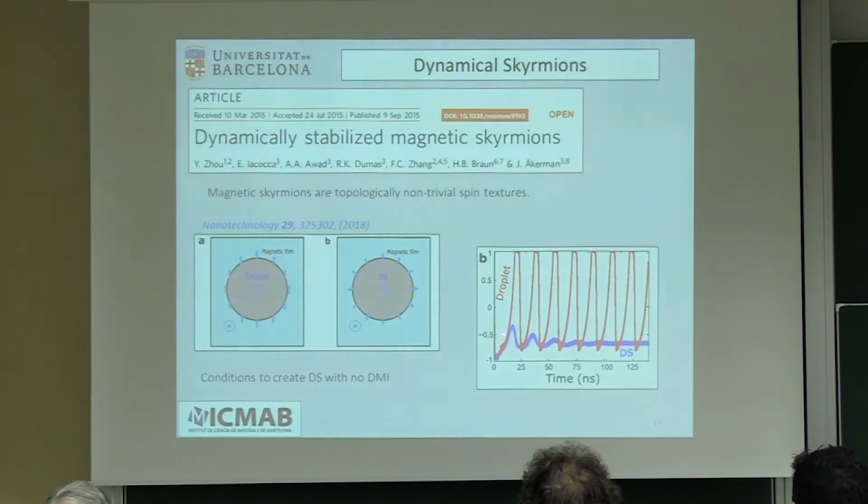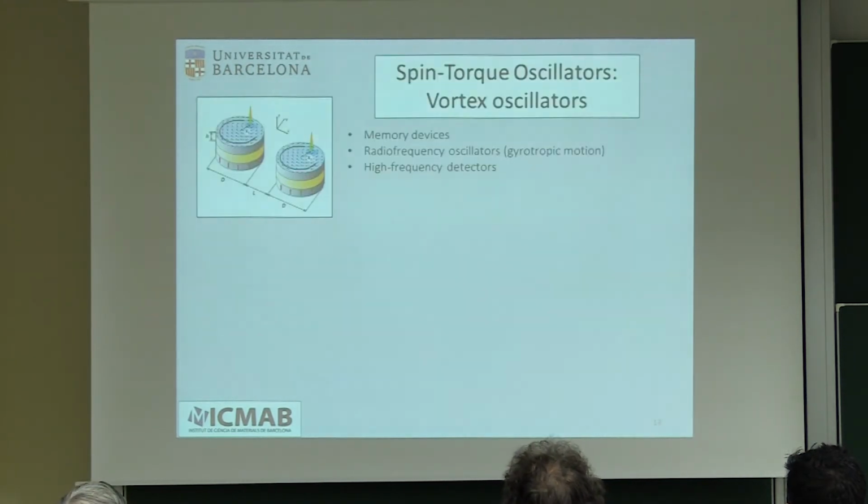The droplet state jumps from one state to another, as I told you, so that could be useful. But the dynamical skyrmion prefers to stay in a single state. It's topologically protected, so it's more stable, and you can have a single oscillation rather than multiple oscillations.